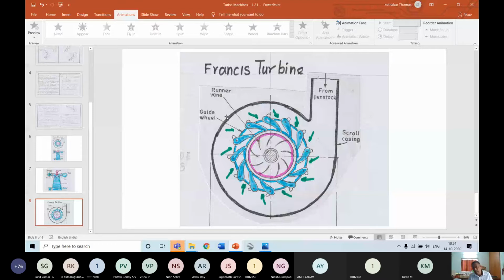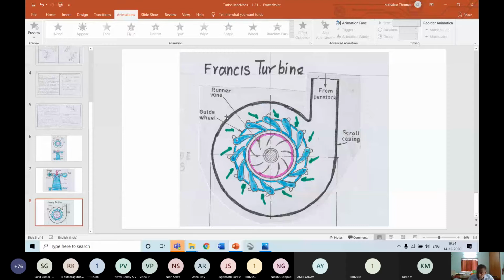So suddenly, if many persons switch off the electrical devices they have, the need for the electric power reduces. So the turbine will produce less electric power, or the resistance offered by the generator will be less. So when the resistance offered is less, the turbine will try to accelerate the generator.